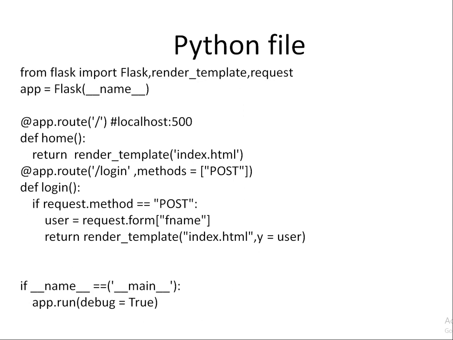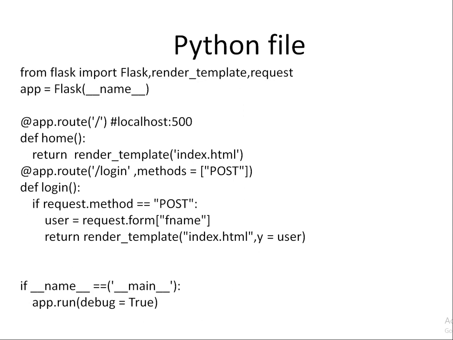As I have specified earlier, render_template is nothing but I am going to render the information back to the HTML file. And then request. Request is nothing but we have to get the value from the HTML file. So the request method is also required, and that is also imported. So from Flask we are importing the package Flask, render_template, and request.